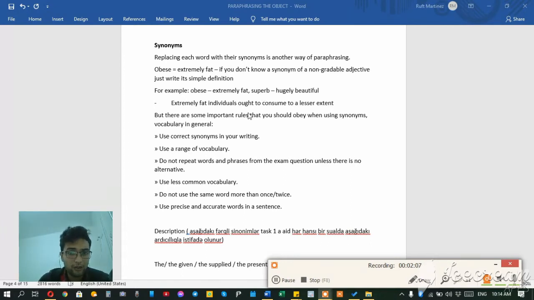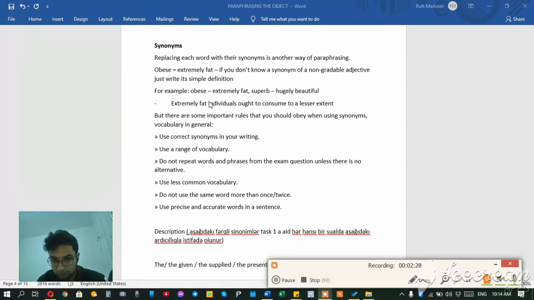Also, let's check out this sentence. Here I said, extremely fat individuals ought to consume to a lesser extent. What I did here, I didn't use the passive form. It's all about synonyms here. I found the synonyms for many of the words in the sentence, and then I wrote a paraphrased form of it.